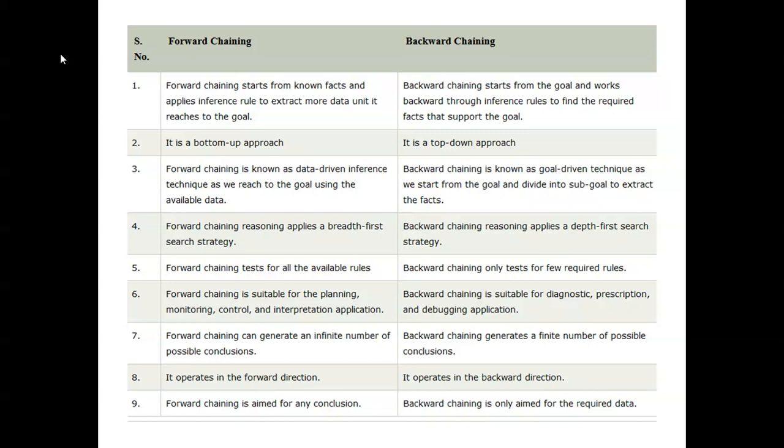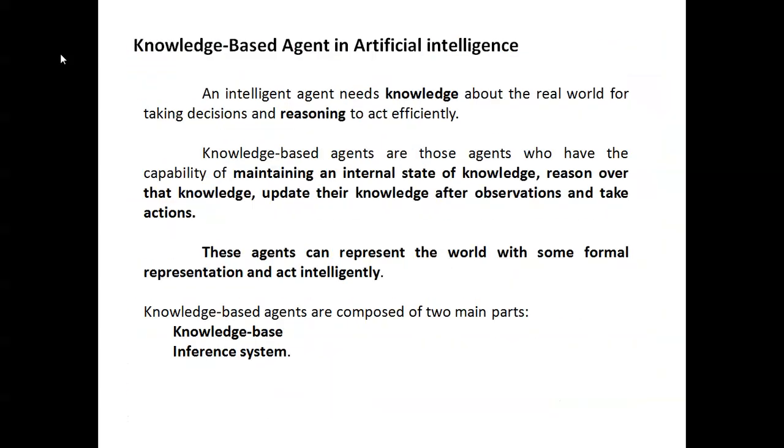Forward chaining can generate an infinite number of possible conclusions, and backward chaining has a finite number of possible conclusions. Forward chaining operates in the forward direction, and backward chaining operates in the backward direction. Forward chaining is aimed at any conclusion, and backward chaining is aimed at the required data. So these are the differences between forward and backward chaining. Okay, thank you.